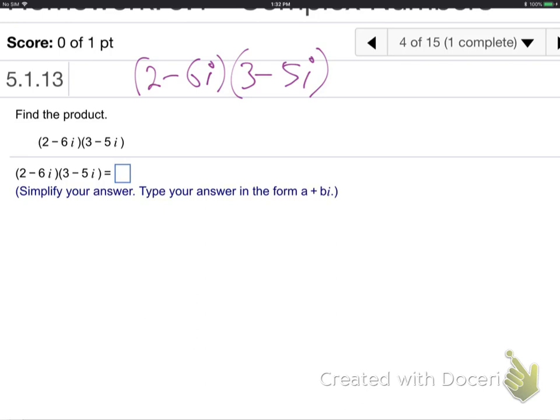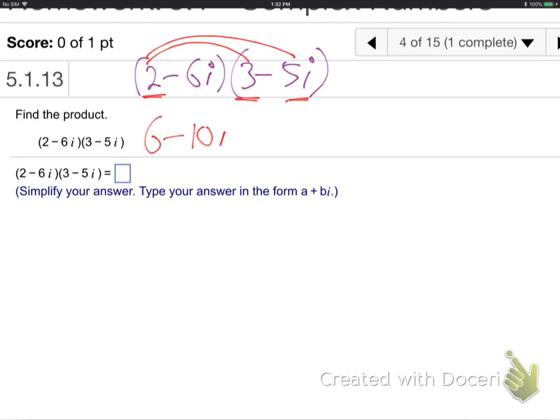We're multiplying now two complex numbers. So here we go.